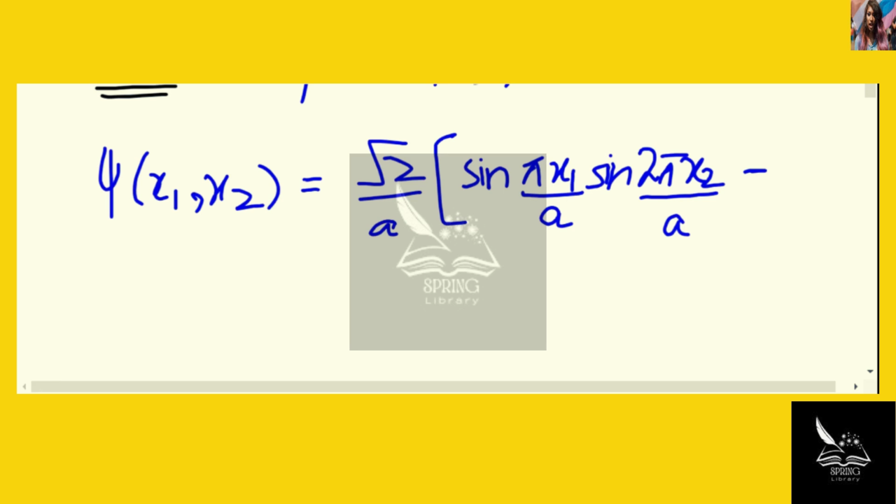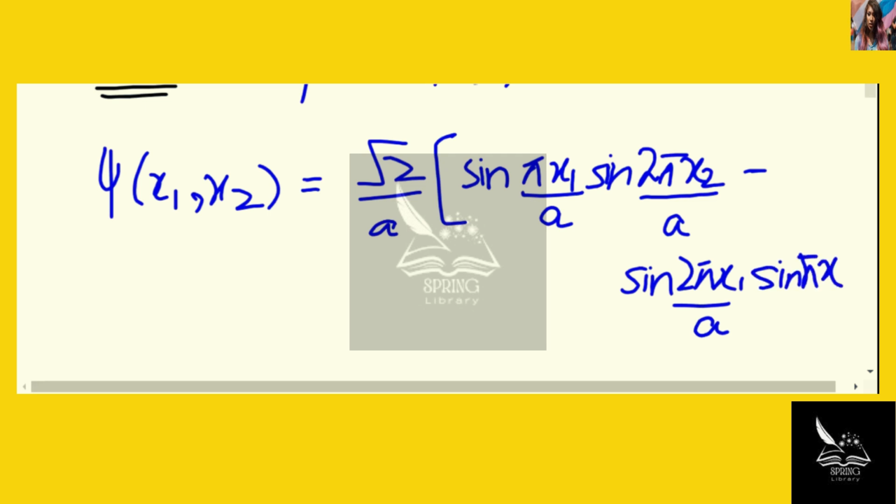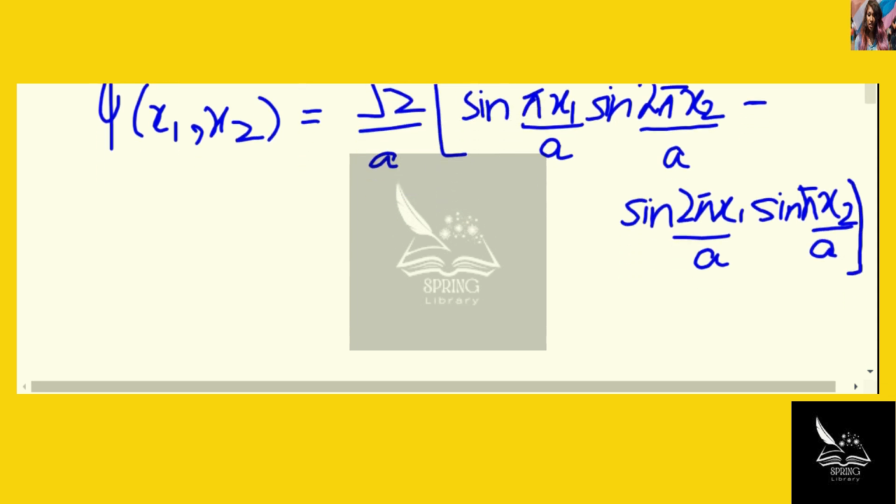since I am running out of space over here, I'm going to write it in the next line. So over here I have sine 2 pi x1 divided by a and sine pi x2 divided by a. Now we need to find this Hamiltonian.